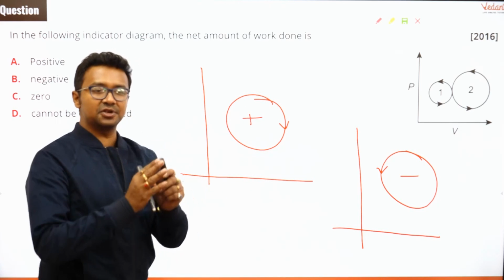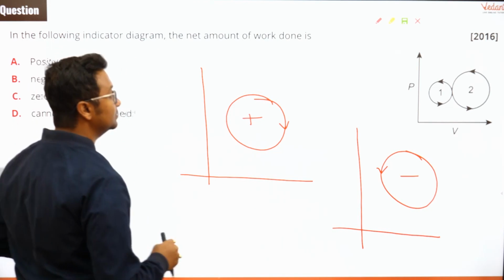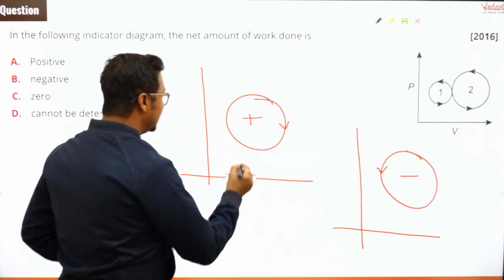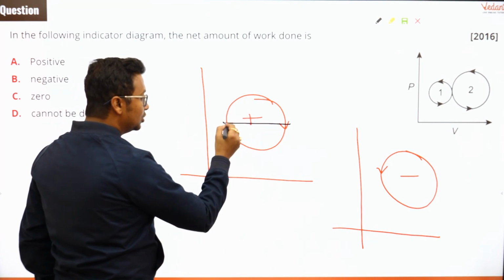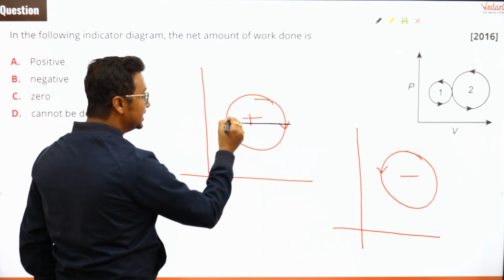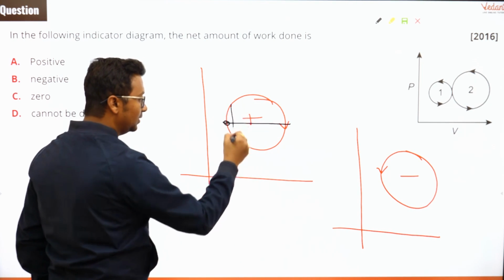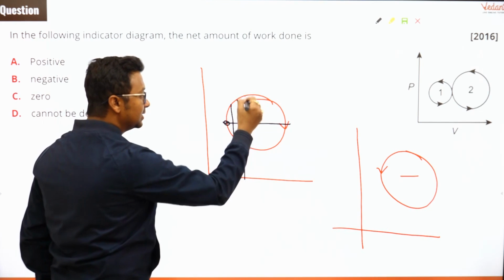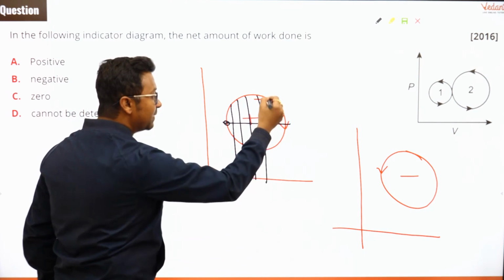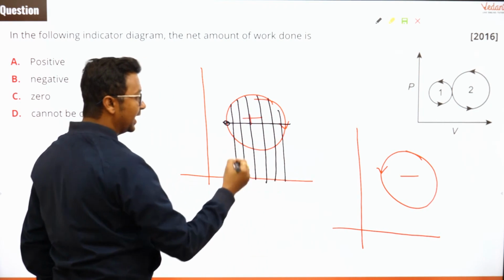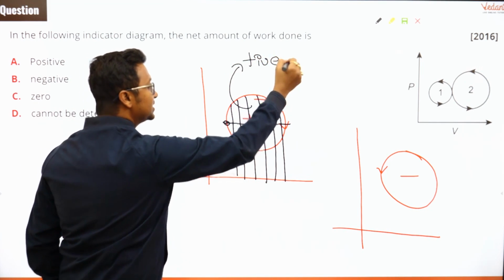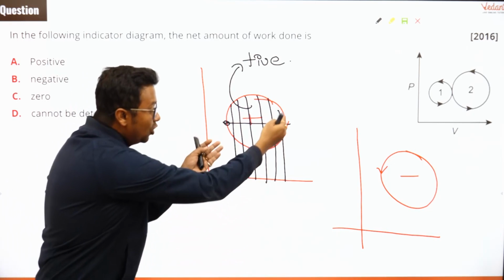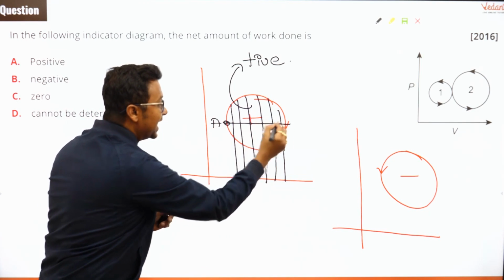The simple explanation behind this is, see, you divide the cycle into two halves. While going from this part to this part, there is expansion taking place, so this area is positive. Name it as AB.